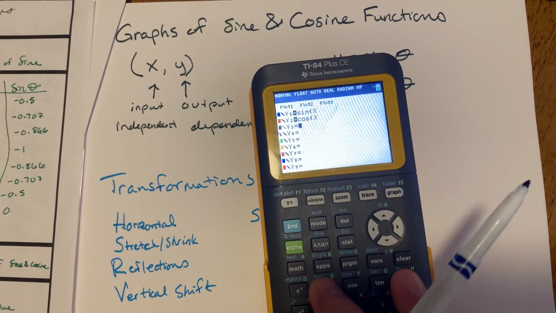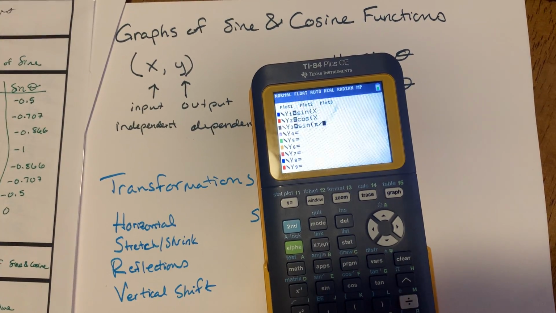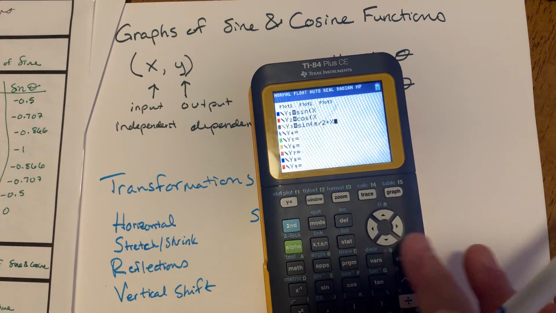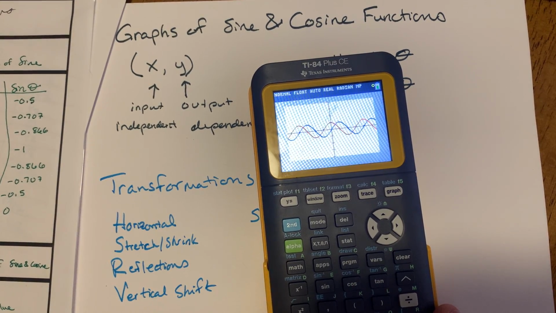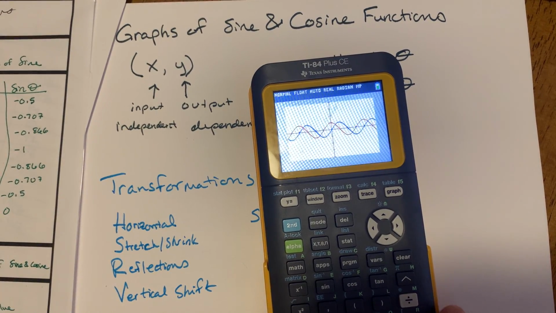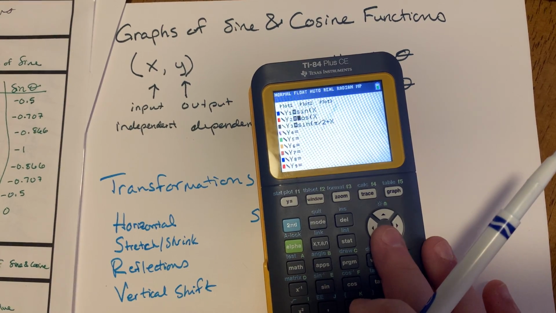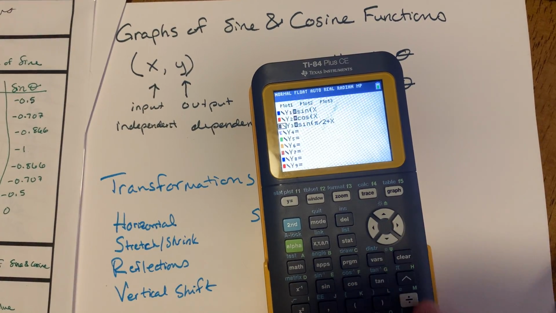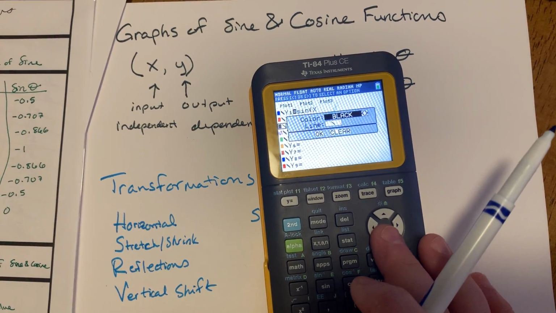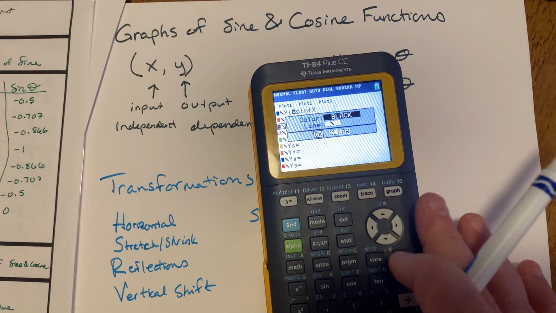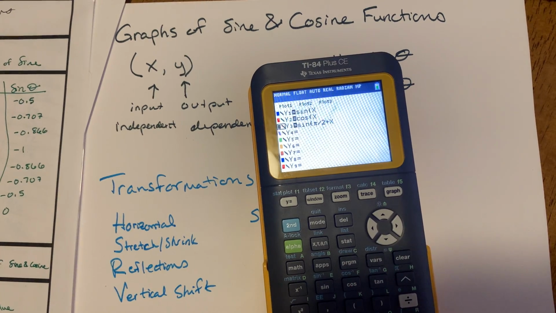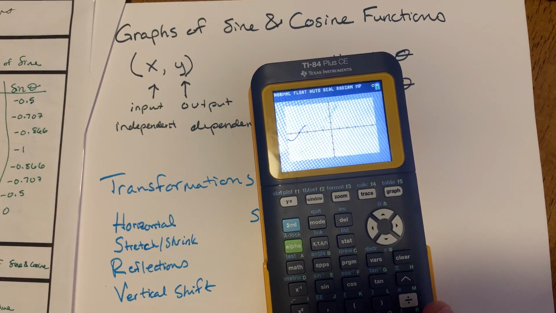Sine of pi over 2 plus x. Well, where's our line? I'm going to make it a thicker line so that we can see it. So here's our sine.